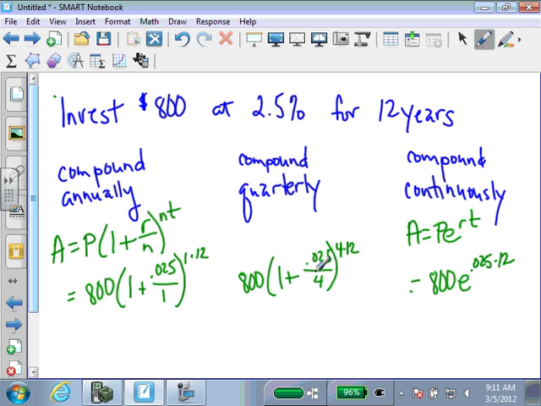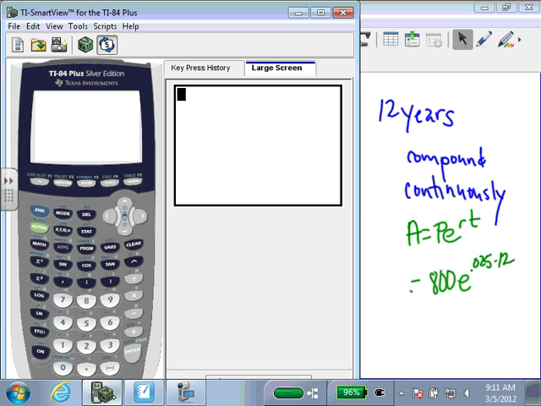No one does these problems in their head. Everyone does them with a calculator. So the first one, 800, times 1 plus 0.025 divided by 1, which technically we don't have to do, raised to the, now if I can do the power in my head, I don't need to put it in parentheses. 12 times 1 is 12.